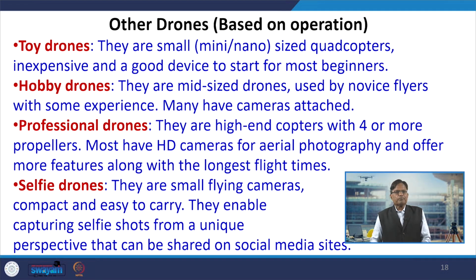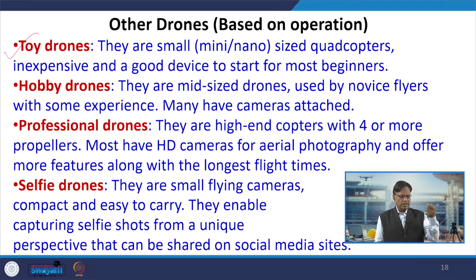The other drones, which are based on their operation, are classified like toy drones. These are small, mini and nano category drones. They are like a quadcopter. They are inexpensive, not very costly, and a good device for beginners to start with.